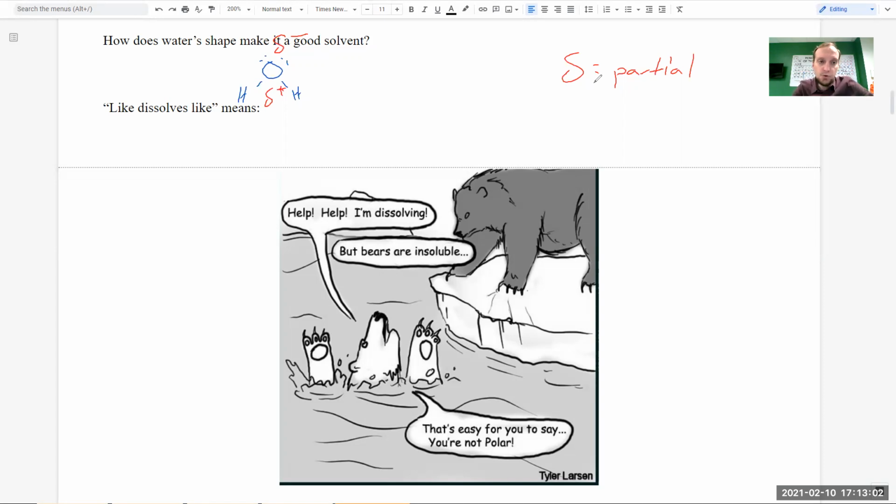Now, this rule that we often say is like dissolves like. What that means is basically that anything that is polar will dissolve in something else that is polar. Something that is non-polar will also dissolve in something that is non-polar. So polar dissolves in a polar solvent, the word solvent, more about that word in the next video.